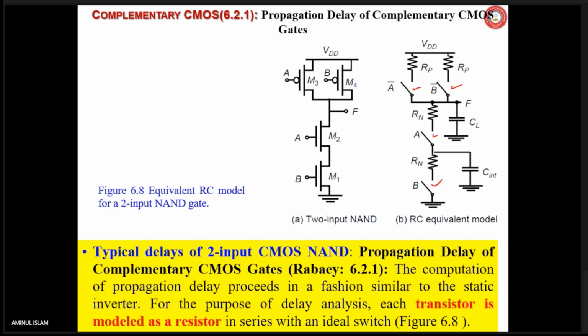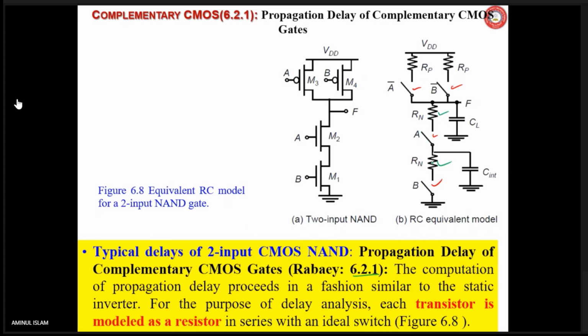Now, typical delays of a two-input CMOS NAND gate. Here we'll try to spend some time so that you can understand properly. Propagation delay of complementary CMOS gates. The computation of propagation delay proceeds in a fashion similar to the static inverter. We have discussed the inverter. For the purpose of delay analysis, each transistor is modeled as a resistor, as shown here.